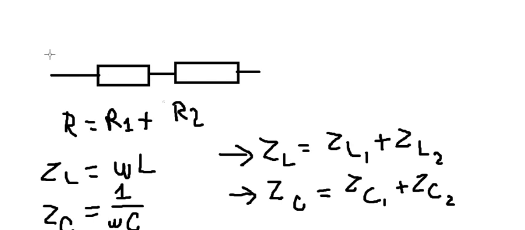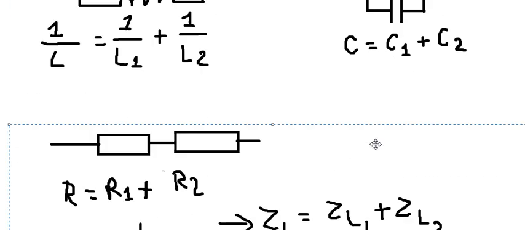Now we go to parallel. For this one, we have 1 over R equals 1 over R1 plus 1 over R2.